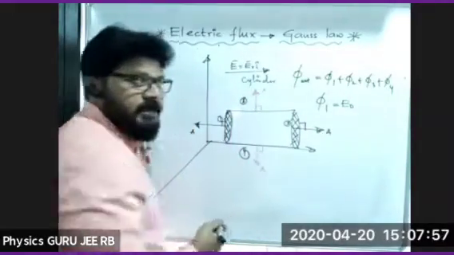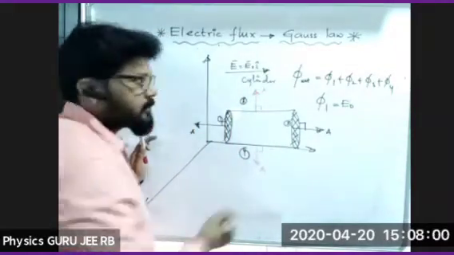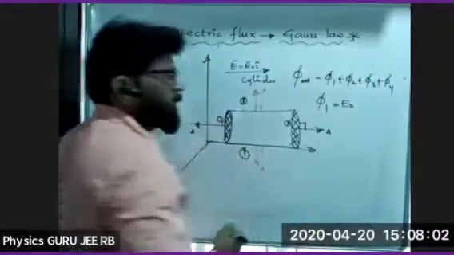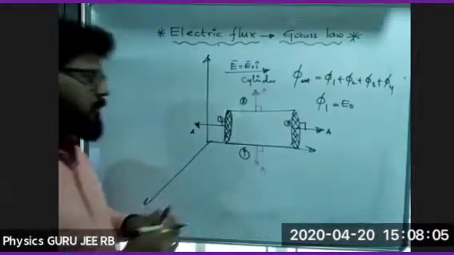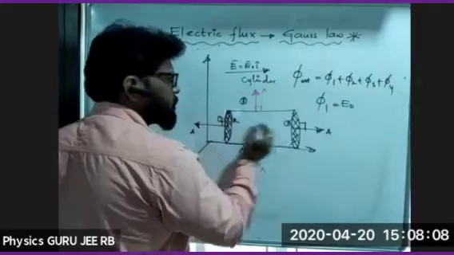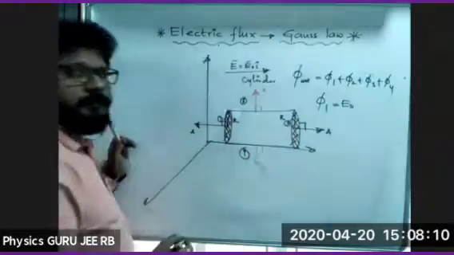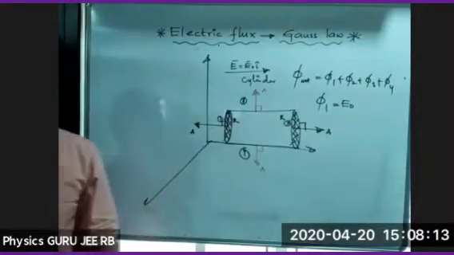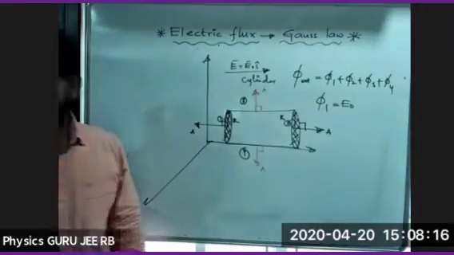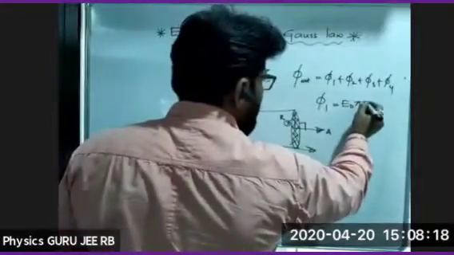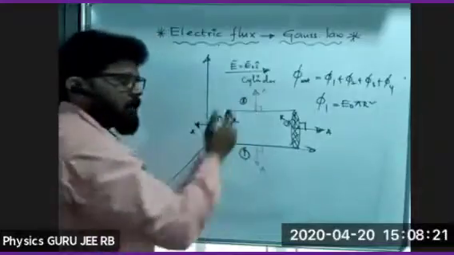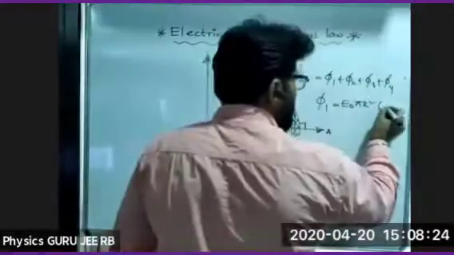Opposite, so theta is equal to 180 degrees. Let the radius be R. The area of the cylinder face is pi R square, so phi 1 is E naught into pi R square into cos 180. Cos 180 is minus 1.